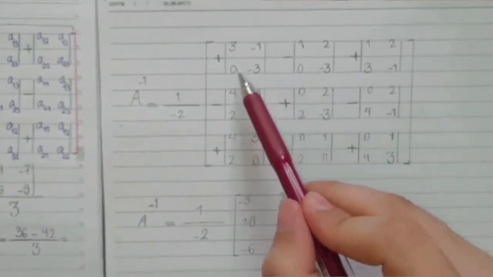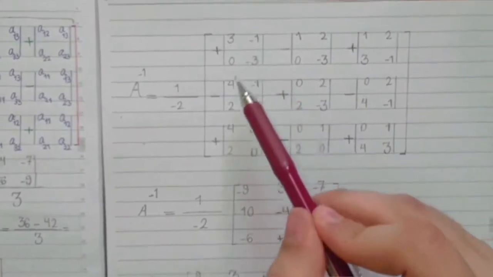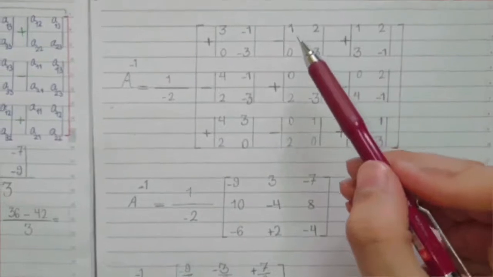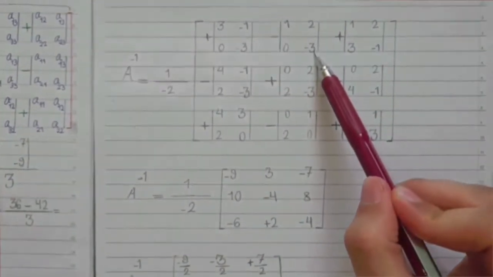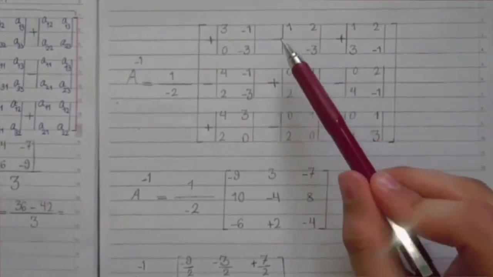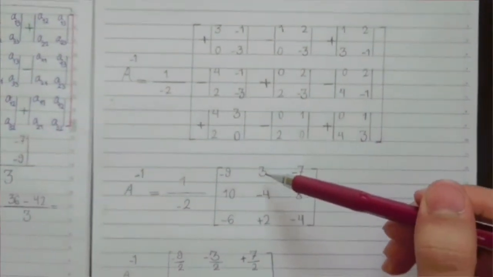The determinant of this matrix is 3 times negative 3 minus negative 1 times 0, which is negative 9, okay? And here 1 times negative 3 minus 2 times 0, and we have another negative here, so negative negative 3 is going to be 3, okay?